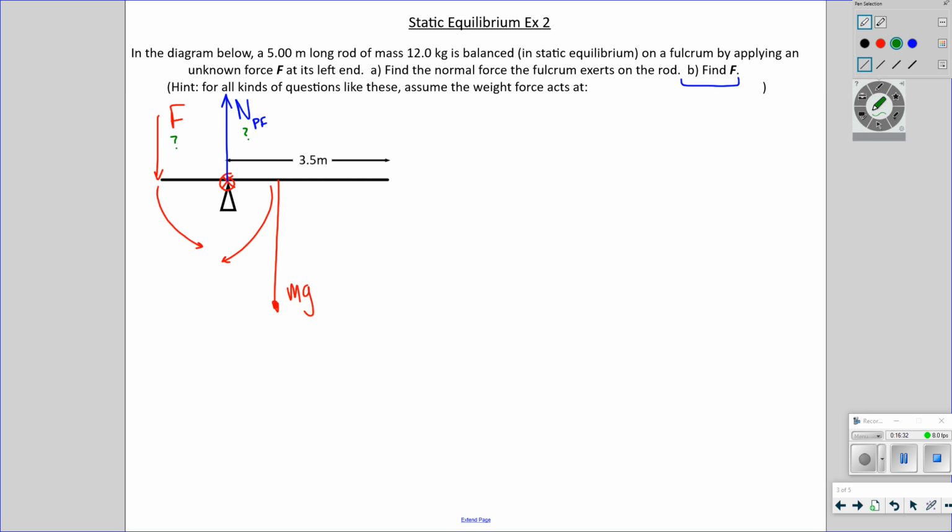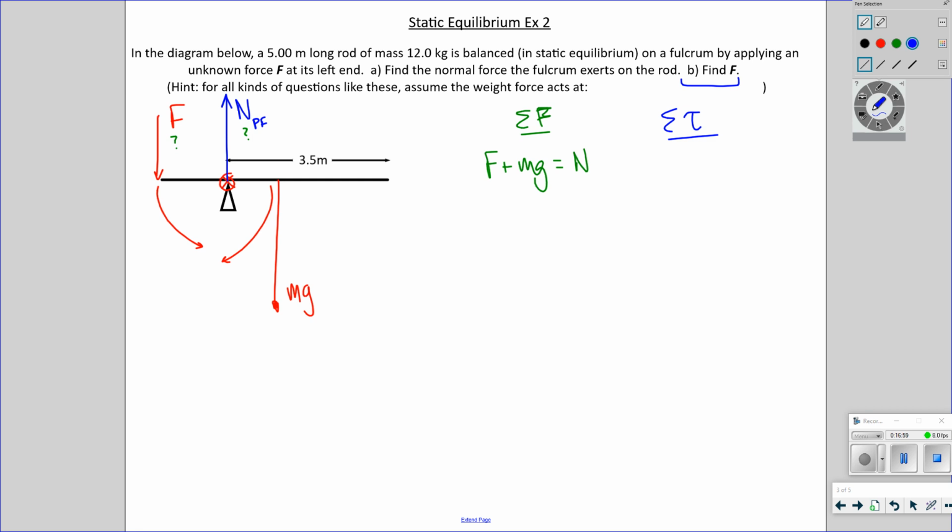Well, two unknowns means we can't write a net force statement. I mean, it is true, from a net force perspective, that F plus mg equals N. But there are two unknowns in that. It's unsolvable. The net torque approach is solvable because we can choose where our axis of rotation is.